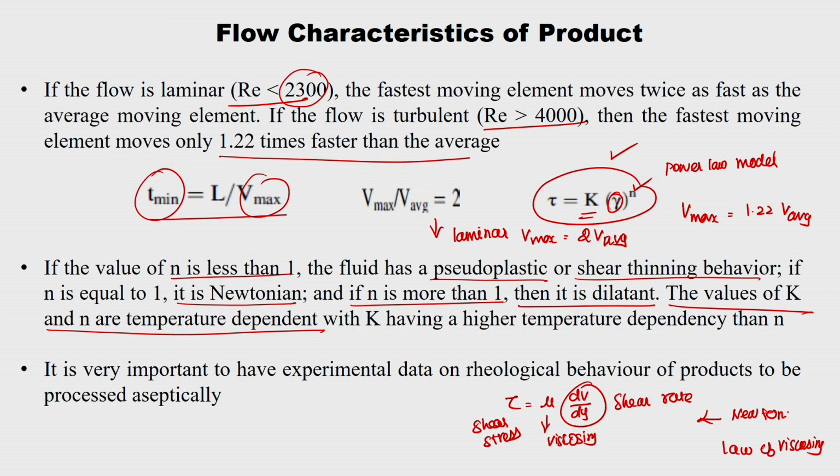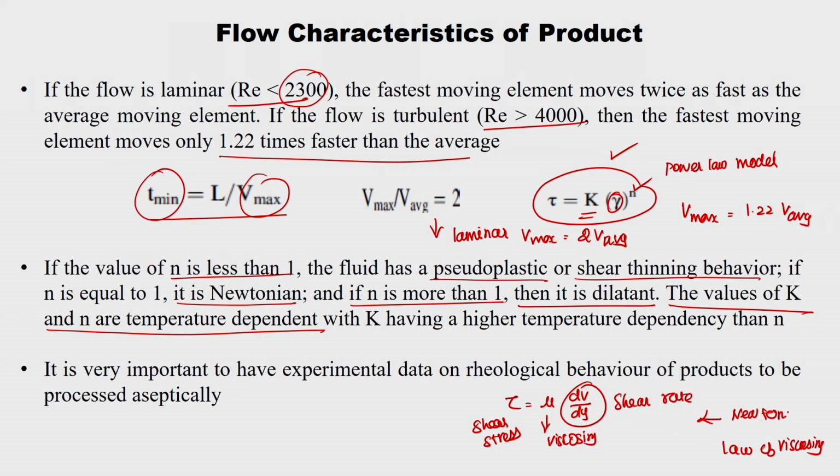but it is not true for all food materials, because there may be coagulation or gelation. In that case, even if you increase the temperature, your viscosity would increase. So, that is the reason we need to study the rheological behavior of food products by experimental data. Here k and n are functions of temperature, and mostly k is very sensitive to temperature.